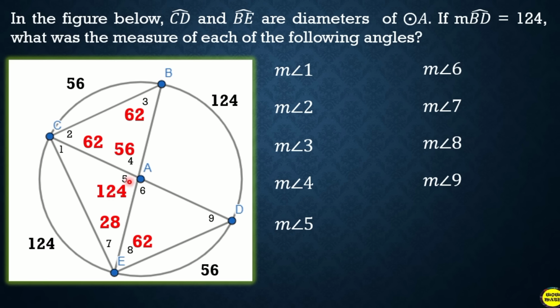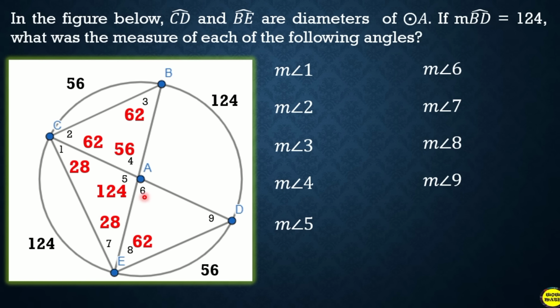Sabi ko kanina, based dun sa mga previous lesson natin, that yung measure ng central angle ay equal sa intercepted arc. And then, nakuha na natin yung ED natin, yung measure nito, yung intercepted arc natin na ED. So, therefore, ang inscribed angle natin na angle 1, half ng 56. So, that is 28. So, ano na lang ang kulang natin?